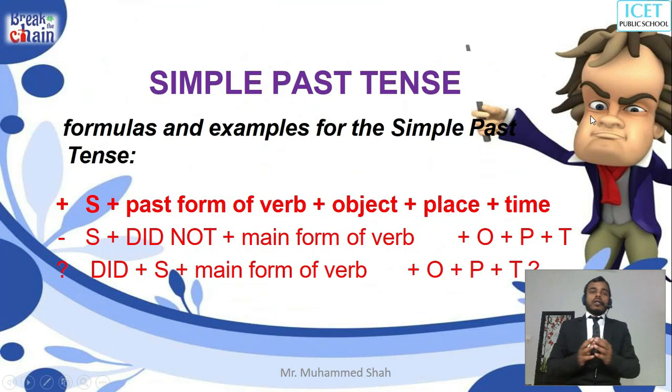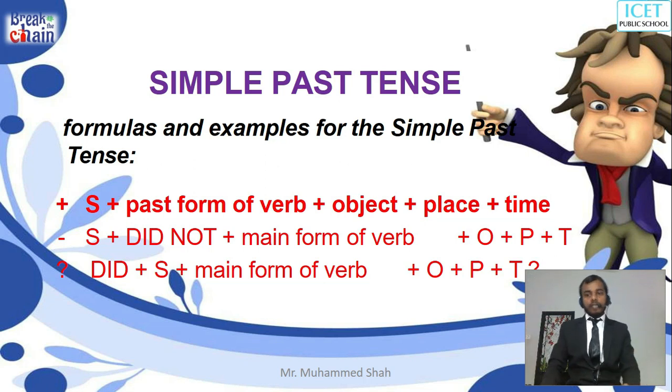Now the formula and examples for simple past tense. The positive sentence can be framed in this way. First you write the subject, then the past form of the verb, then object, then place, then time. This is the order of writing the sentence. Keep in mind, place and time will always come at the end of the sentence.